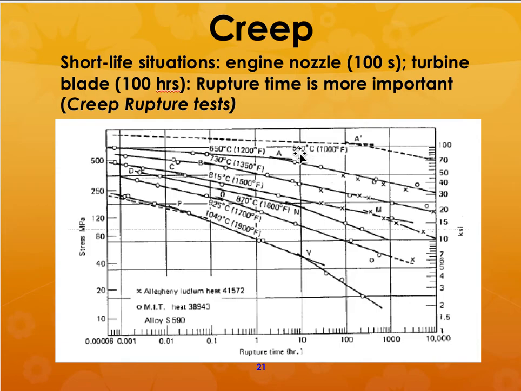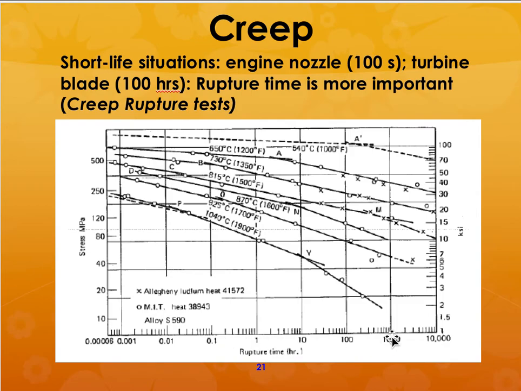So at 540 degrees centigrade, this could be for a nickel-based superalloy, S590, I don't remember exactly. So if you can please go and take a look at what is alloy S590, you can find out the composition of that alloy. So at 540 degrees centigrade, what happens?